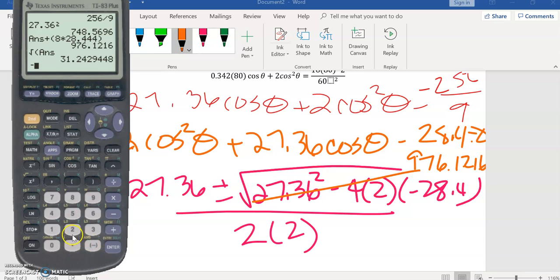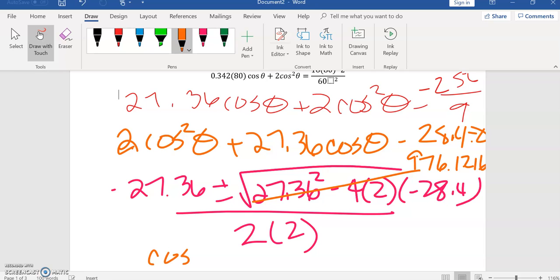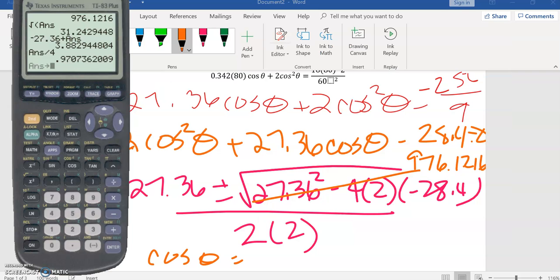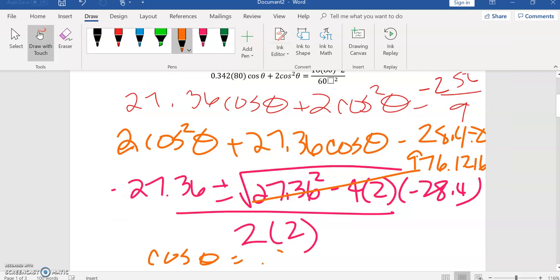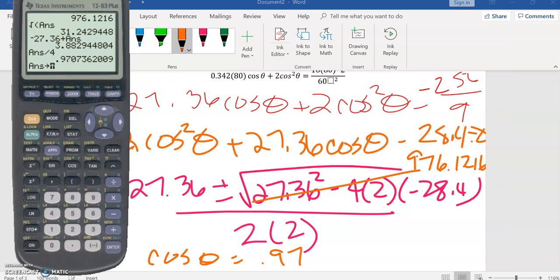I'm going to start by taking the square root of this and doing negative 27.36 plus that, divided by 4. This gives me that cosine theta equals 0.97.